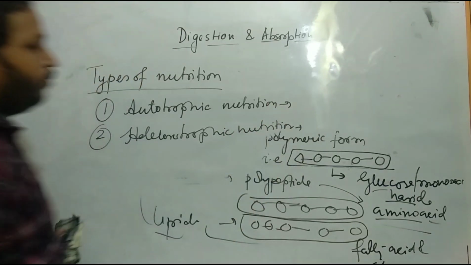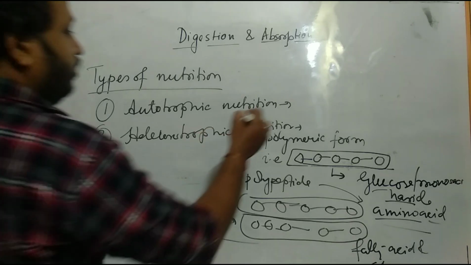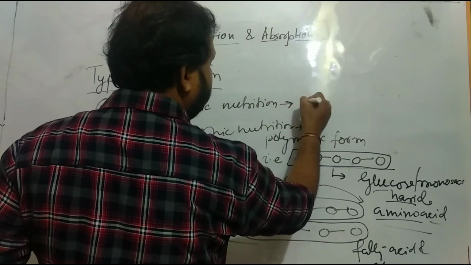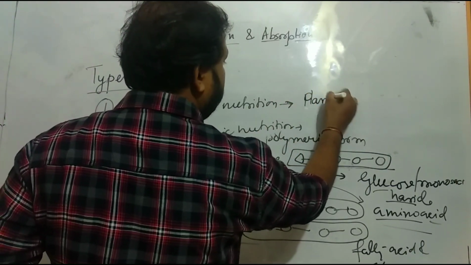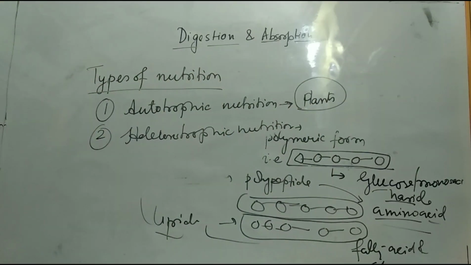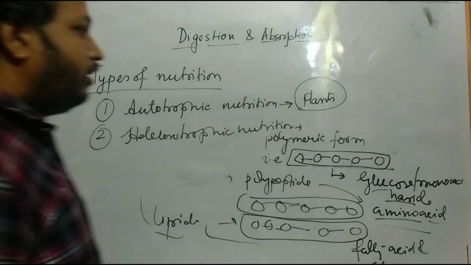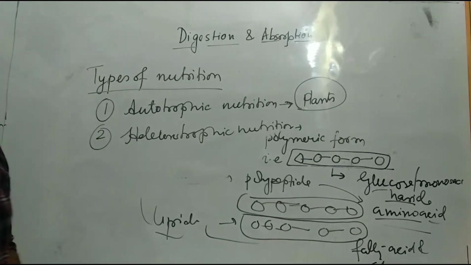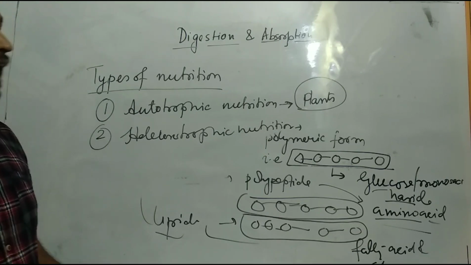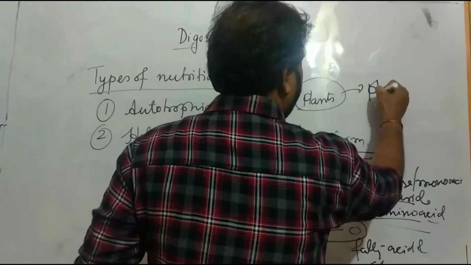We already know what autotrophic nutrition is. Autotrophic nutrition takes place in plants. That means plants are able to manufacture or produce their own food with the help of sunlight, water, carbon dioxide, and the process name is photosynthesis.